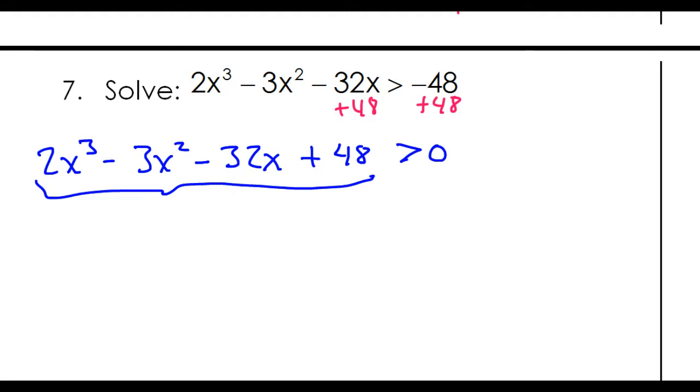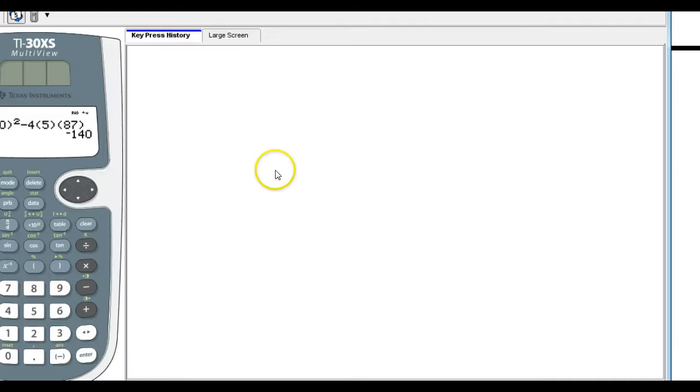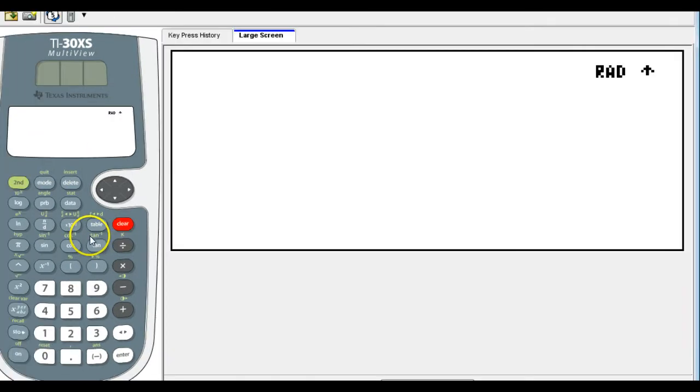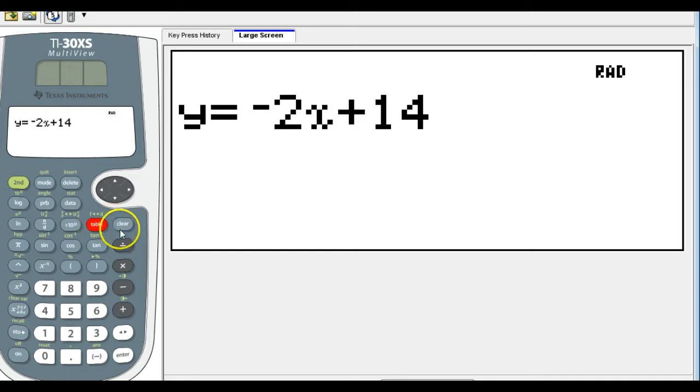So let's use our TI-30XS MultiView and type this in. Good old TI-30. Hit the table button.